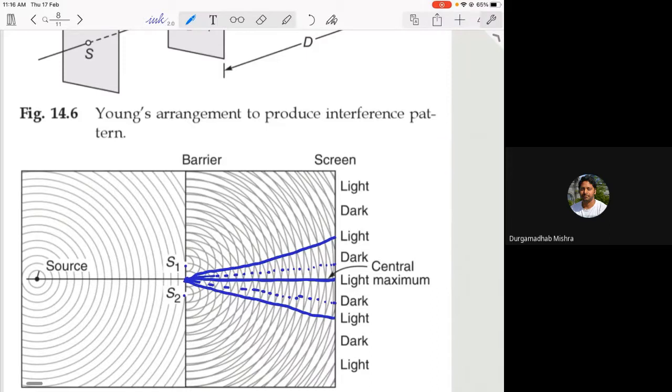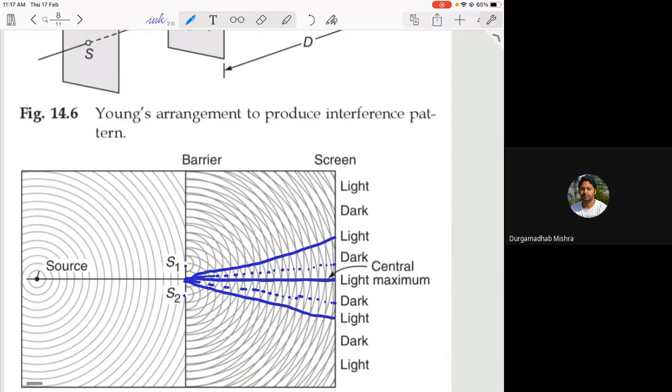That means if the displacement is positive, for the other wave the displacement is in the negative direction. And when they meet, the phases being exactly opposite, there will be no light, or the light will be really small, and that gives rise to a dark fringe. So that is how you create this alternate light and dark fringes due to interference.